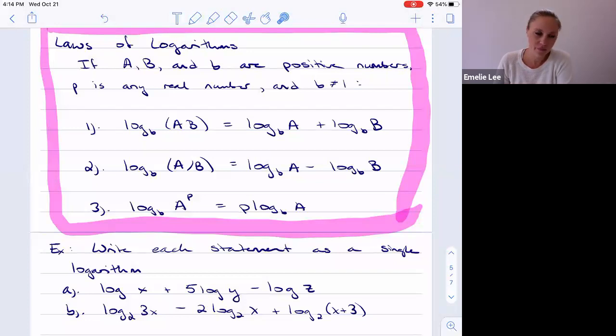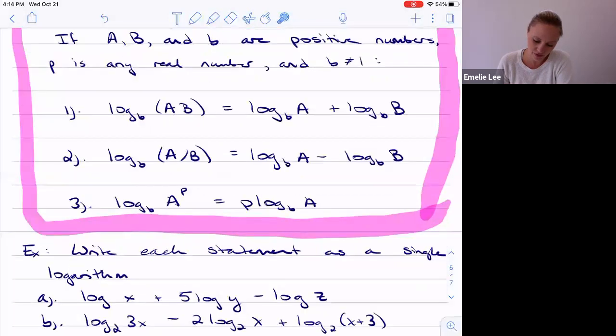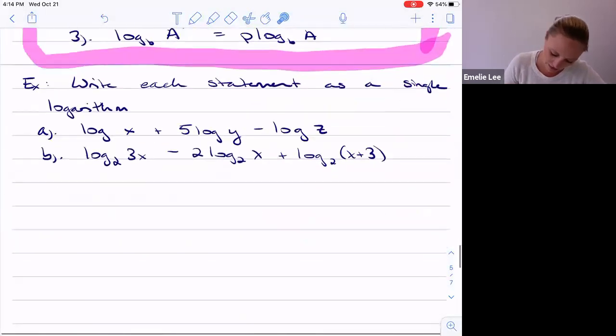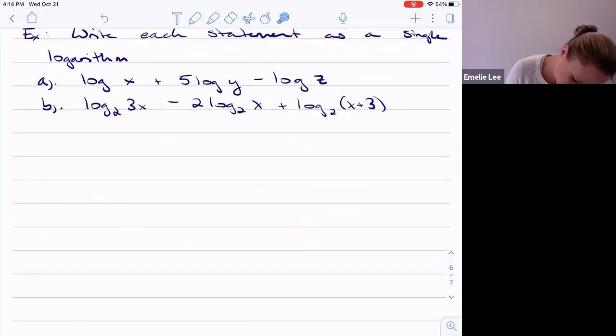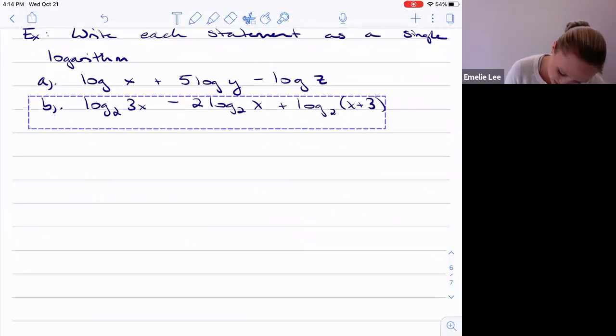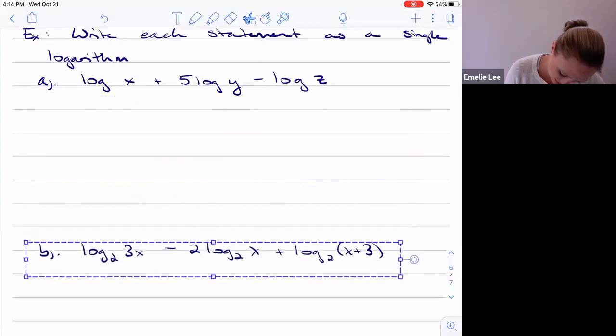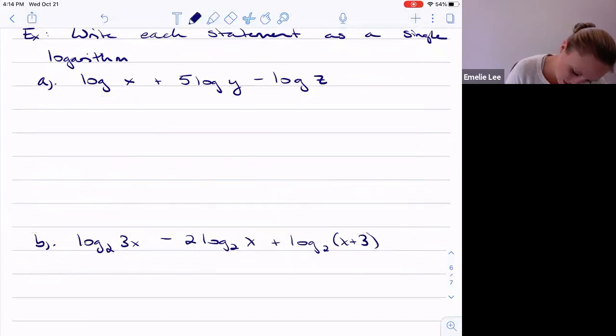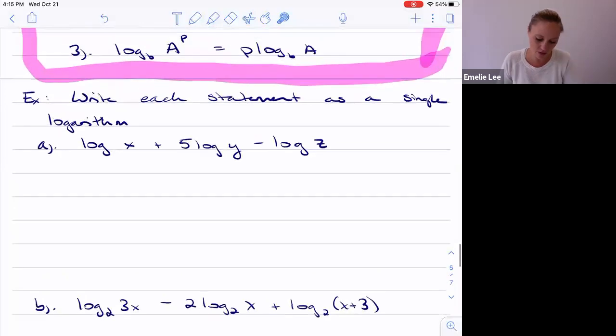So if we start on the first one, maybe I'll just scoot this one down. Right in between. So here, first thing I'm going to do is make sure that I have the same base.